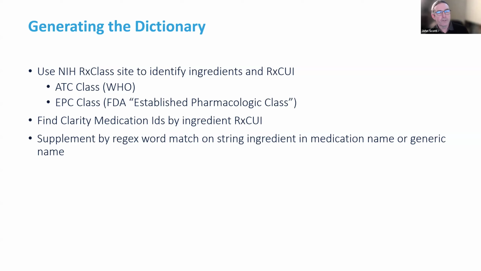First off, obviously, we need to identify what these classes are, and we depend on the clinicians or the researchers to do that. Then the resulting ingredients are also eyeballed to make sure that they are what we're looking for. And then finally, we think that we do need some curation of the results that come back by string search as opposed to the RxNorm search to make sure that the identified medications there are what we want.